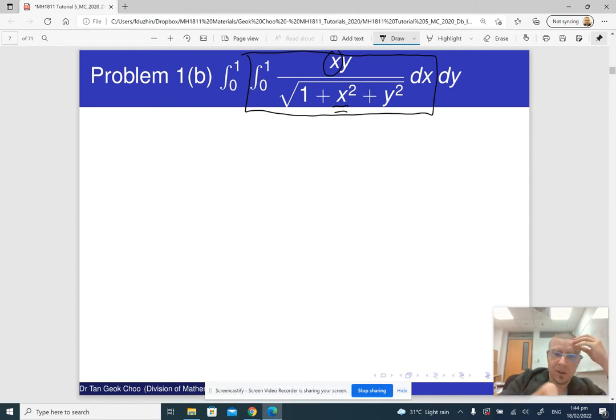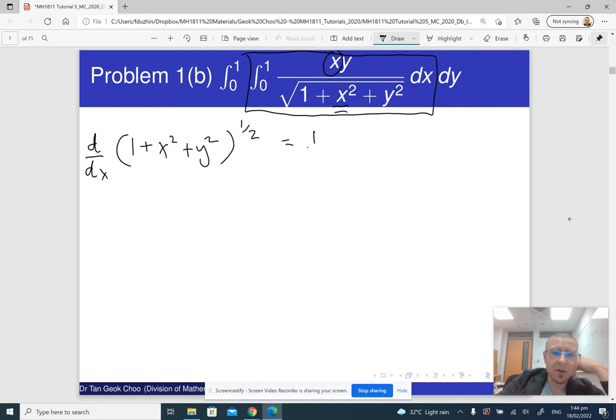To understand that, the antiderivative of the given function should be really 1 plus x squared plus y squared raised to the power 1 half times some number. So in order to figure out what the number is, we take this and differentiate it with respect to x. And this is going to be 1 half times the derivative of x squared, which is 2x, times 1 plus x squared plus y squared raised to the power minus 1 half.